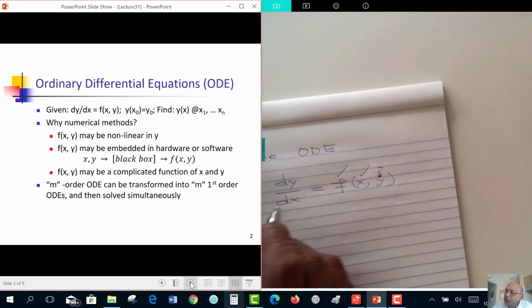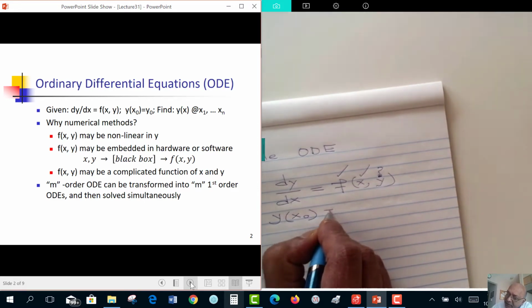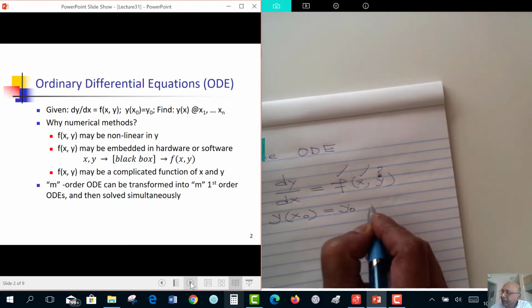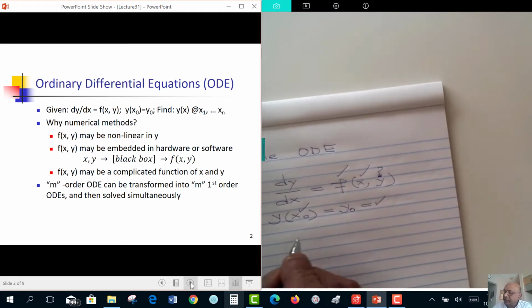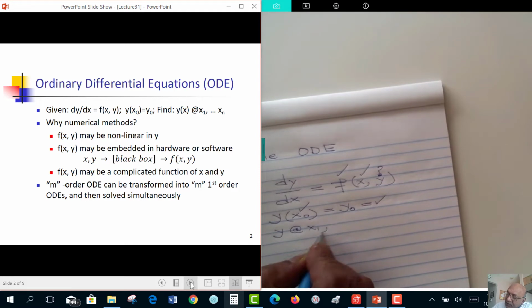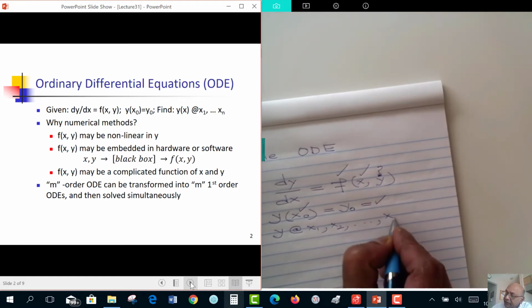Usually, in order to solve this equation, we need one condition. So we need to know y at some x value. So we say y at some x0 is y0. So we know x0, we know y0. And what we want to find is therefore what is y at the next value, x1, x2, x3, and so forth to xn.